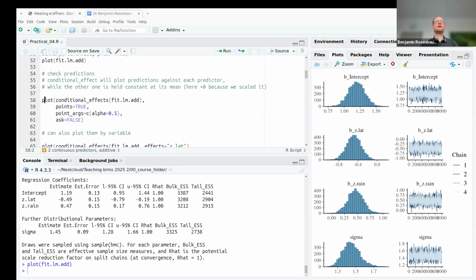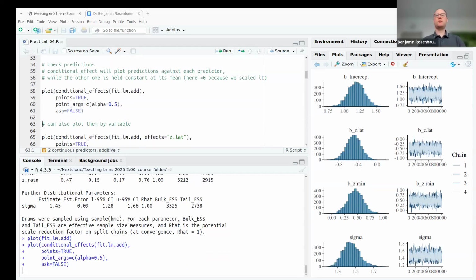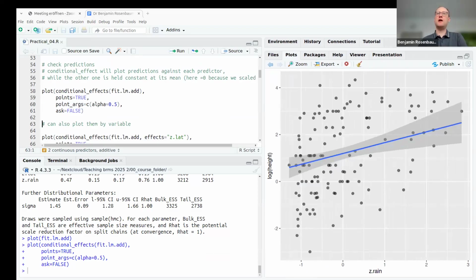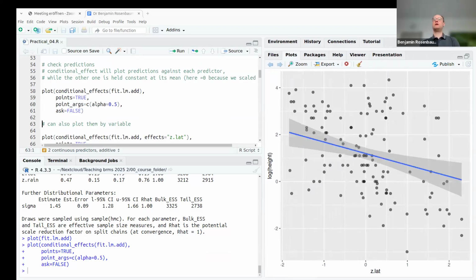Now you can use the conditional effects plot. Again, I say points equal true, and I specify point arguments to, for instance, plot them in a transparent way. This will give you an output for both of the predictors.